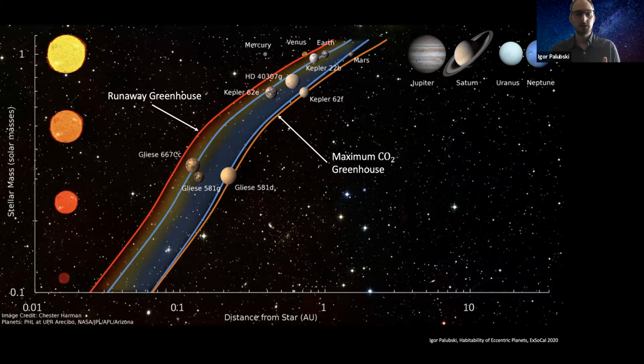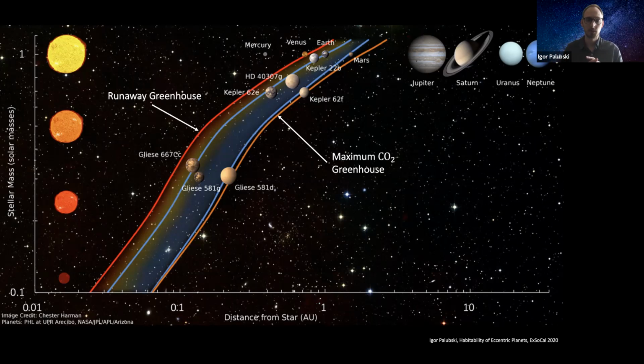The thing about these boundaries is that they ultimately depend on many planetary parameters, many of which, if not most, are completely unconstrained by planetary observations. And so that means that when it comes down to climate modeling and calculating where these boundaries are, for a lack of better thing to do, we often assume that these parameters are very Earth-like.